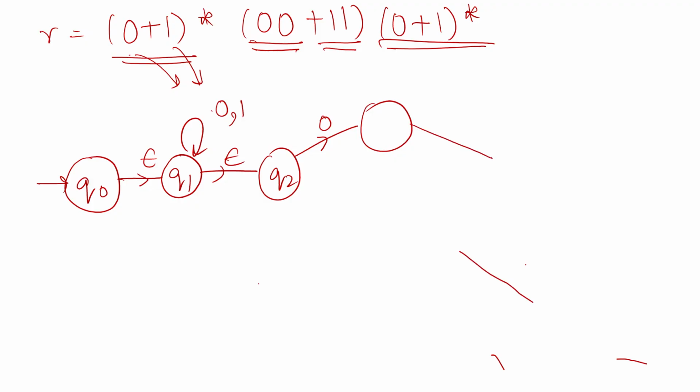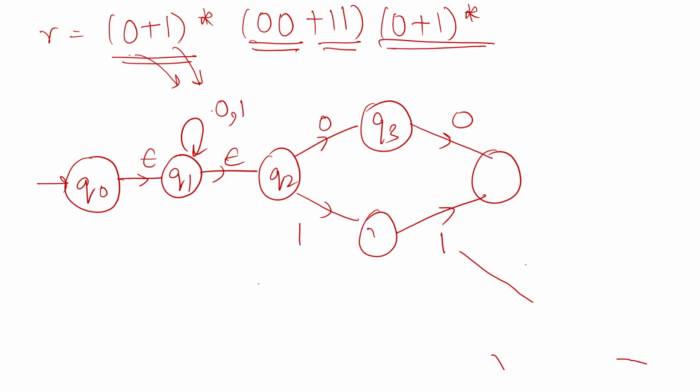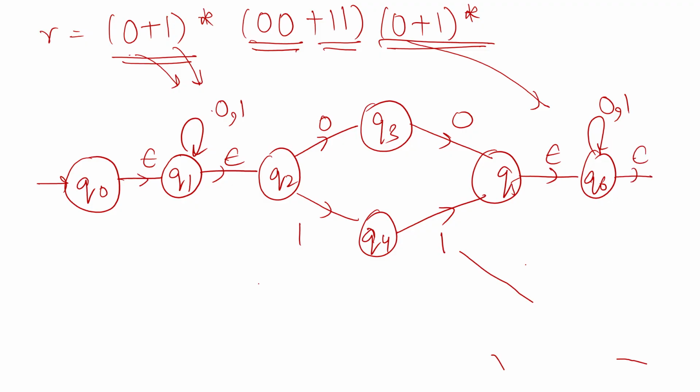So I separate it: 00, 11. So this will be Q3, Q4, Q5. Then after that, I don't want any string, but I still want to reach Q6, where I'll have either 0 or 1. Then without any string, I will reach my final state, Q7, wherein I don't want a self loop. So this will be our answer.